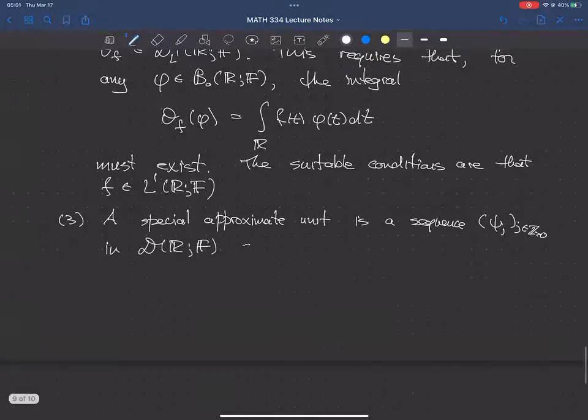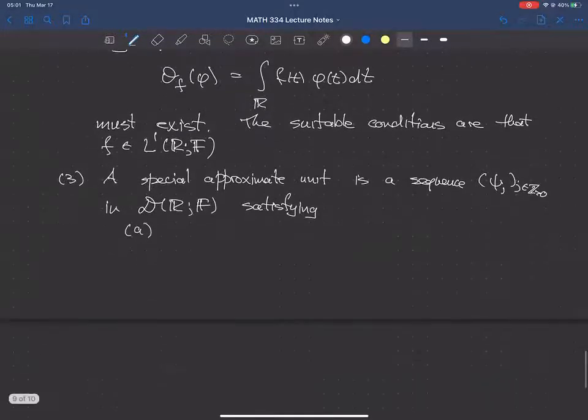So it should satisfy some conditions. First, there should be a uniform boundedness condition on the derivatives of the terms in the sequence psi j.